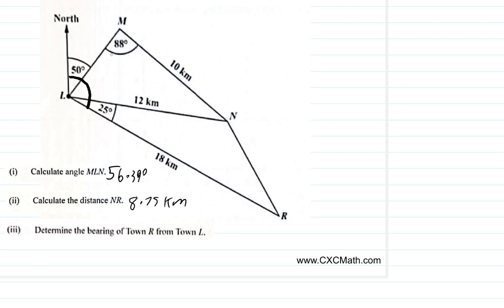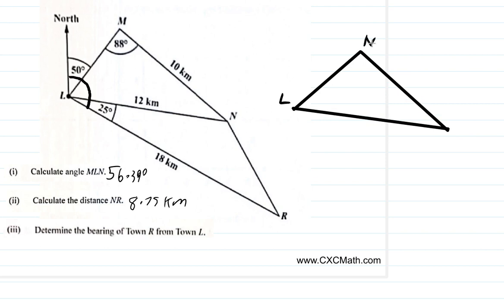Now, looking back at this triangle, where you have L, M, and N. You had 88 up here. MLN was 56.39. Now, that will help you to find the bearing.